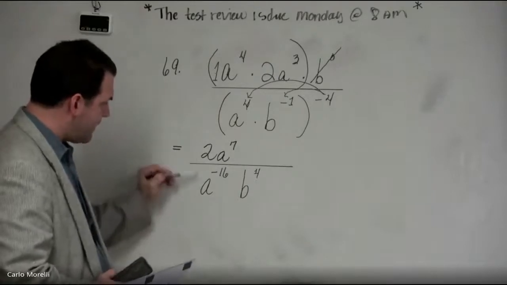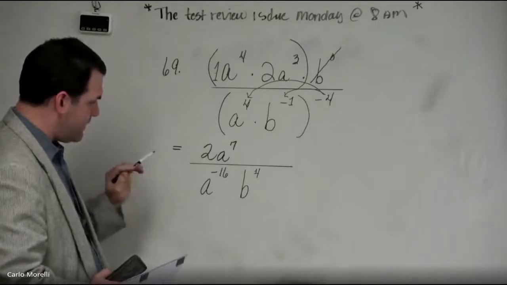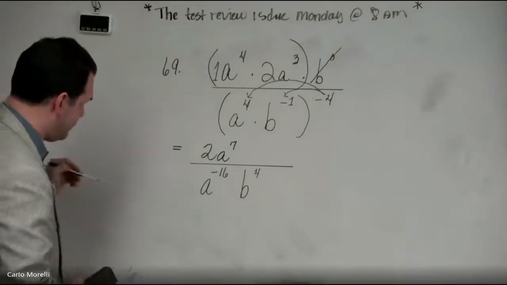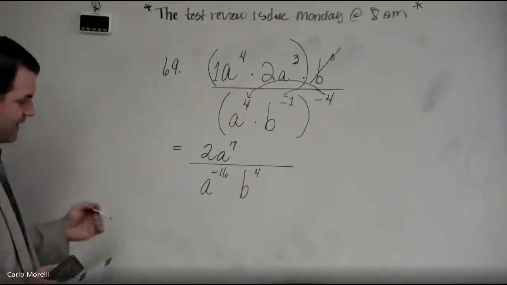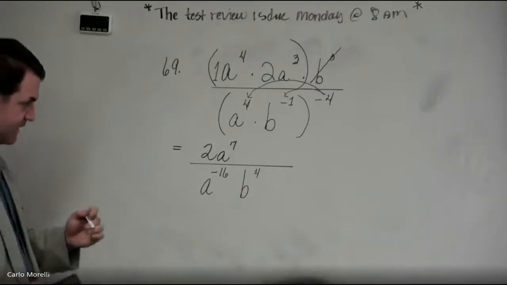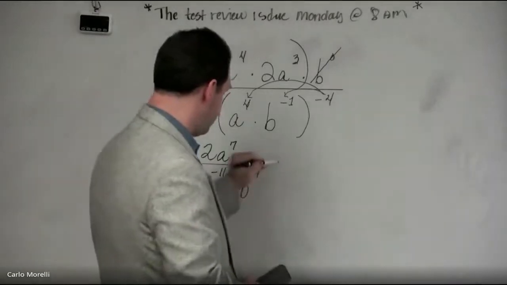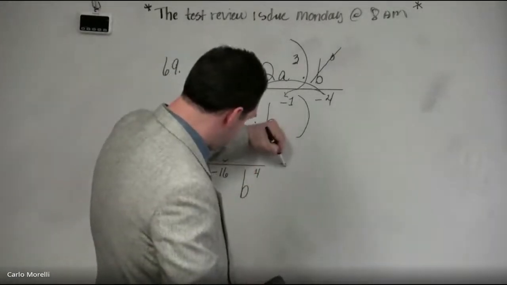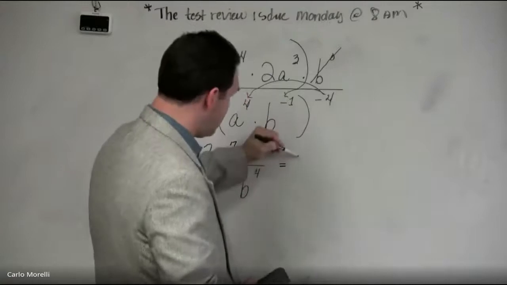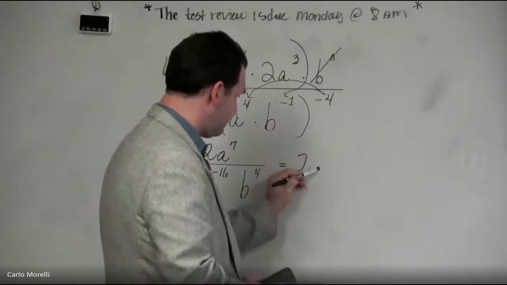And now I've got to contend with these a's, okay? So what I'm doing in my head is I'm saying, okay, a to the seventh minus negative 16. Okay, so what that looks like as a step, we can write this 2 kind of off by itself and deal with him in a second.